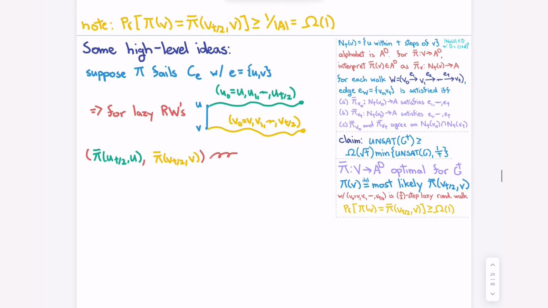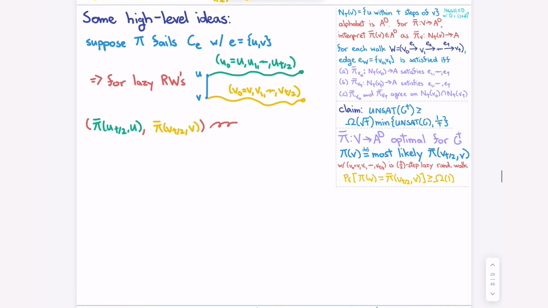All right, so some high level ideas in case I hadn't been high level to this point. What's the intuition? Let's say that our induced labels fail some constraint C_e. To be clear, our labels are deterministic, right?